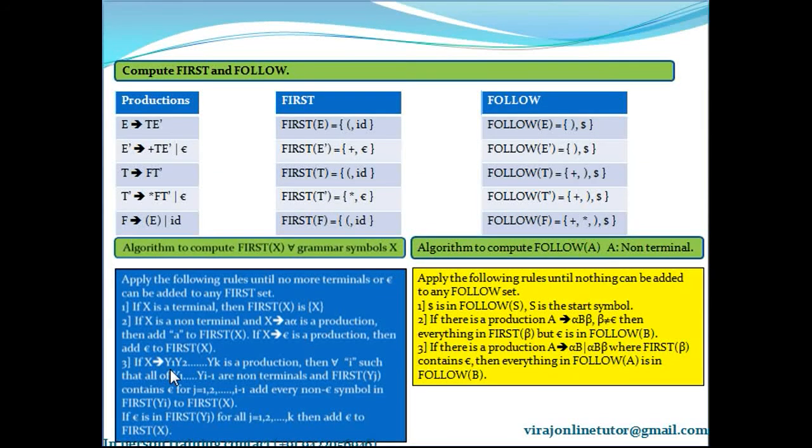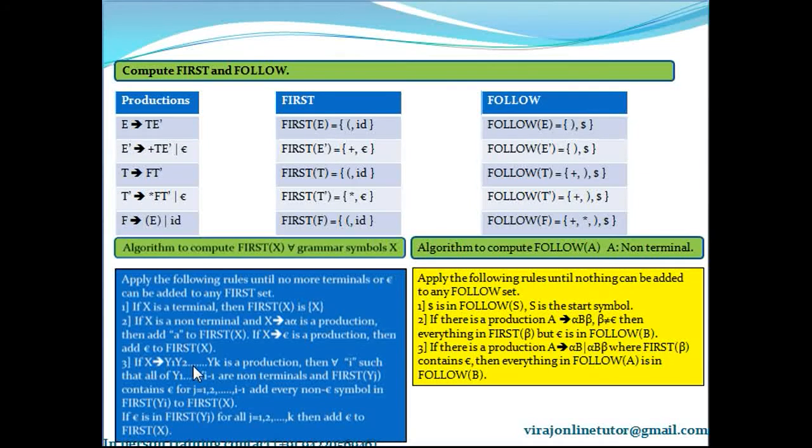If first of Y1 contains epsilon, you go ahead and compute first of Y2. Place all the non-epsilon characters from first of Y2 into first of the left hand side. If first of Y2 contains epsilon, compute first of Y3. Place all the non-epsilon characters from first of Y3 into first of the left hand side. If first of Y3 also contains epsilon, go to Y4.